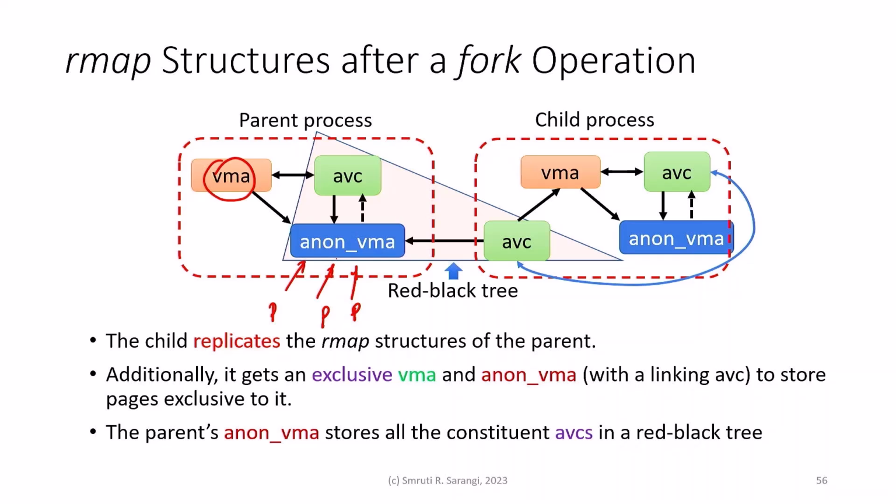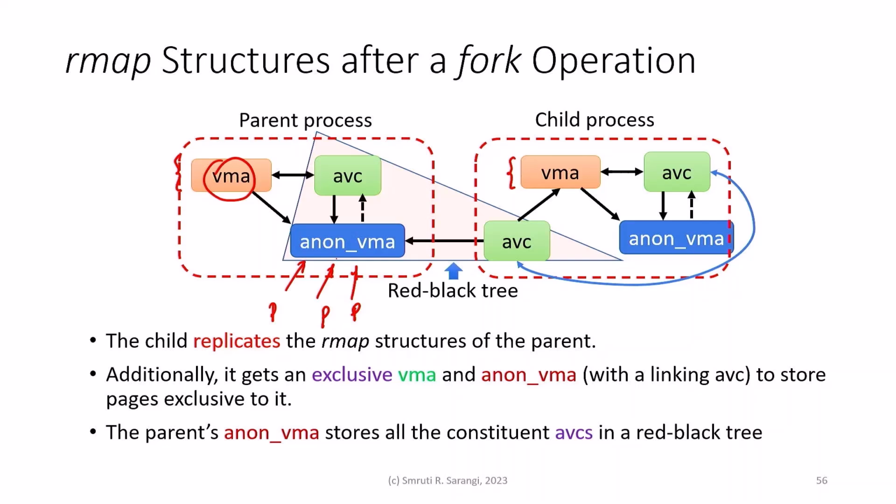After a fork operation, pretty much the entire memory space will be copied. But we already know that it is not a physical copy. The maps, they are the ones that are copied. So what will get copied is that for every virtual address region over here, which is a VMA, another virtual address region, which is a VMA, will be created over here. All right. But there is going to be a small difference.